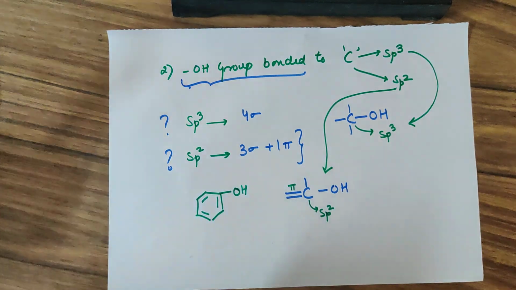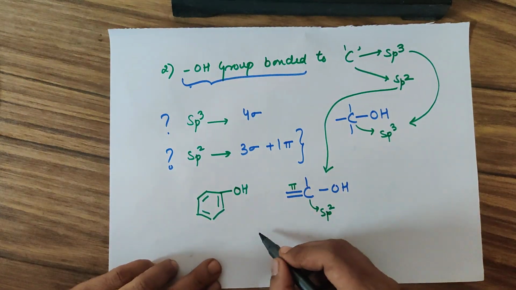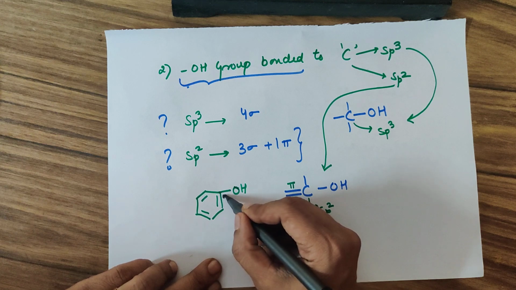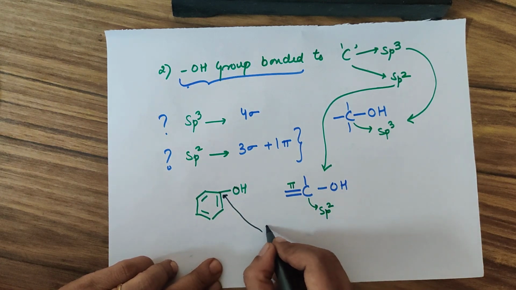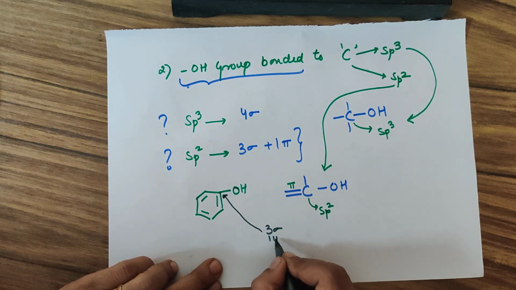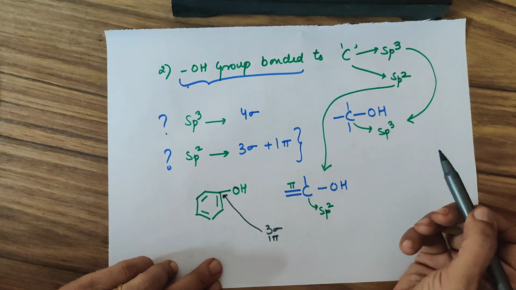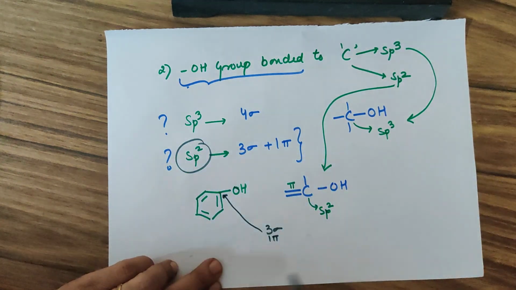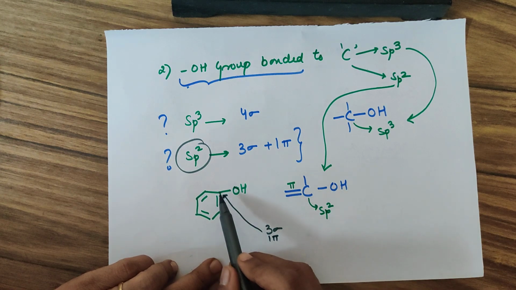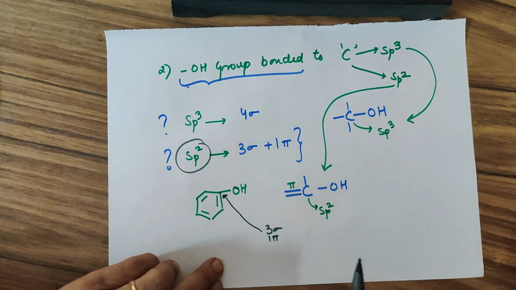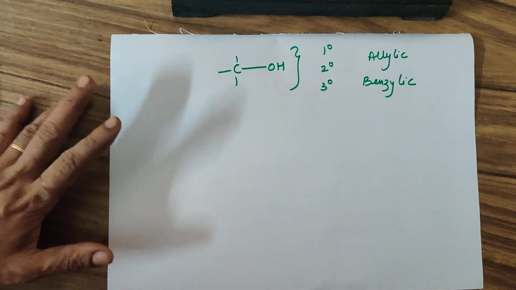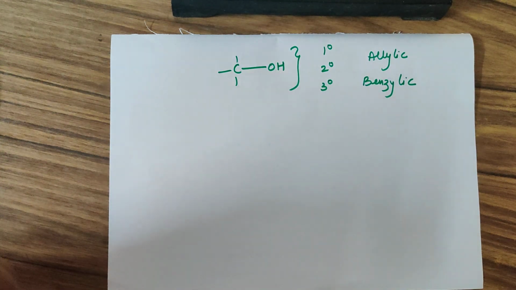Now let's check the carbon to which the OH is attached. This particular carbon, as you can see, has got 3 sigma bonds and 1 pi bond. Therefore, this also falls under this particular category where OH is attached to an sp2 hybridized carbon. Let us do the details of each of the categories.